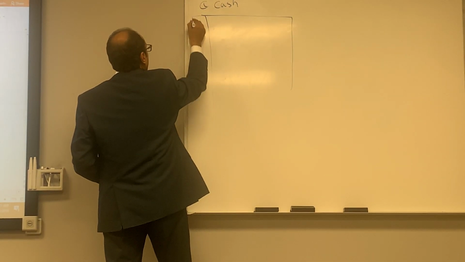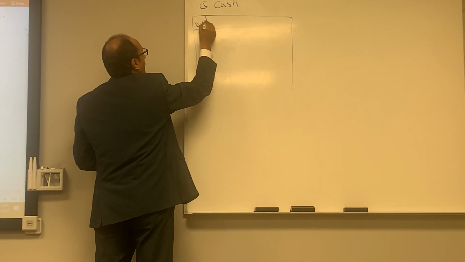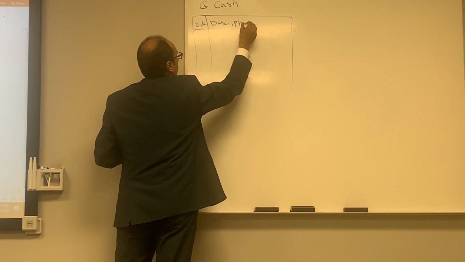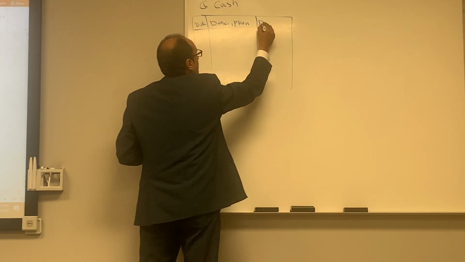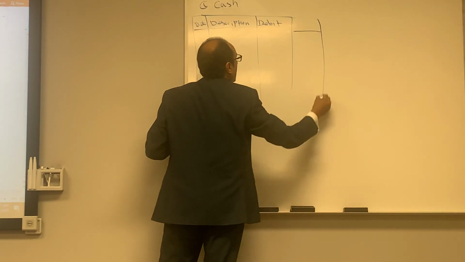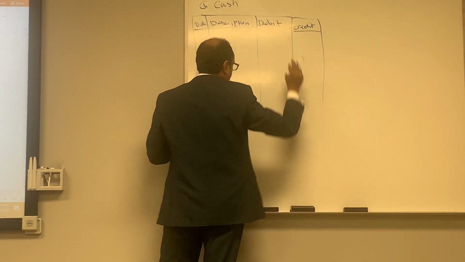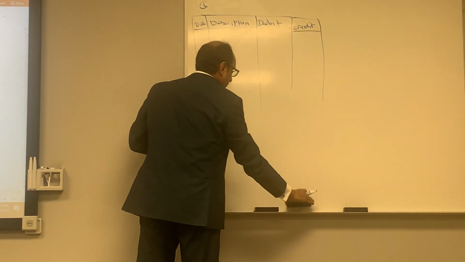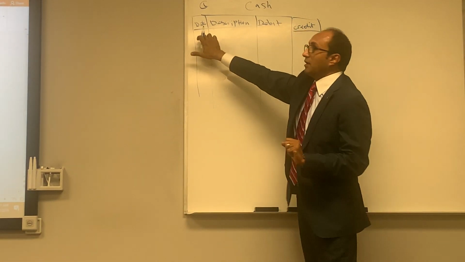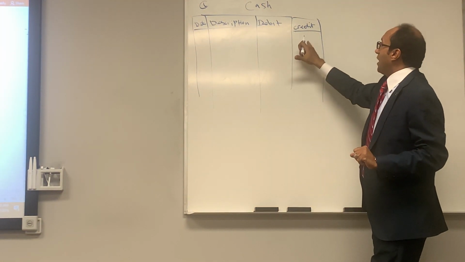The general ledger contains date, description, debit, and credit.